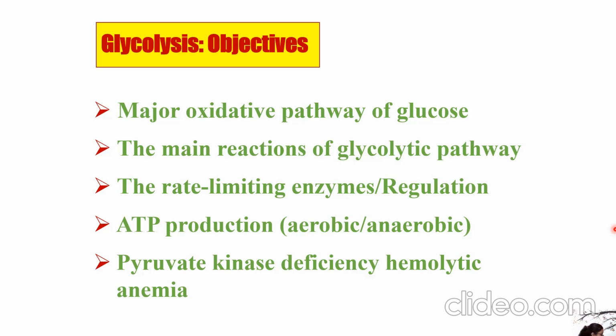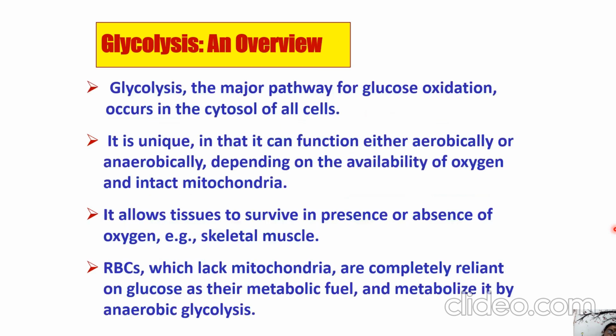ATP production can be aerobic or anaerobic, as we know. It can be fermentation, which will be anaerobic, or aerobic if we continue with the further processes. Pyruvate kinase deficiency may lead to hemolytic anemia.